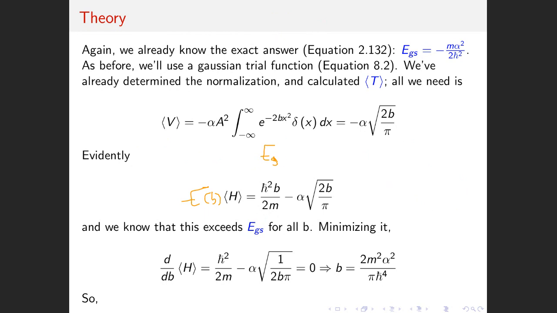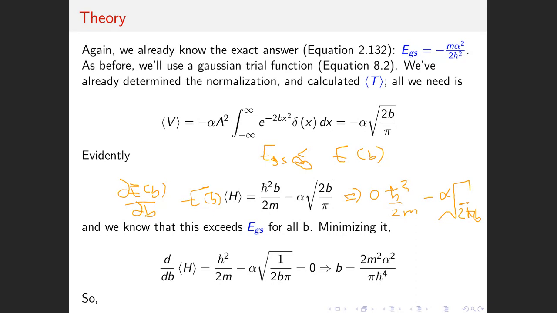From the theorem that we will prove, the ground state will always be smaller than this E of b. But to get closer and closer to the correct one, you have to minimize this. So you take dE as a function of b with respect to db equal to 0 to minimize that. So you just get h bar squared over 2m minus alpha, this gives you 2 pi, with the b at the bottom.